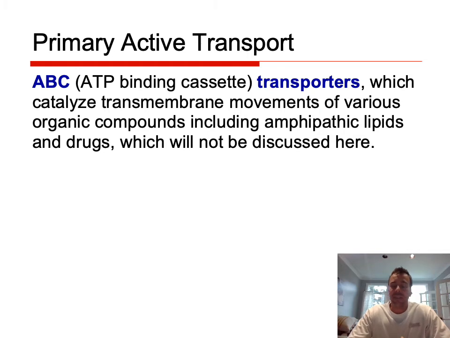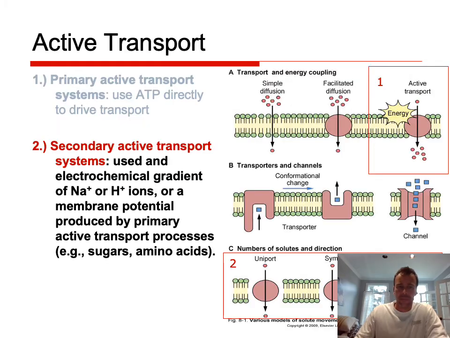There are a ton of these in nature which catalyze transmembrane movements of various organic compounds, including amphipathic lipids and drugs. We're not going to discuss these here because there's a lot of them, but they all use this primary active transport mechanism. Those were examples of active transport systems that use ATP directly to drive transport.